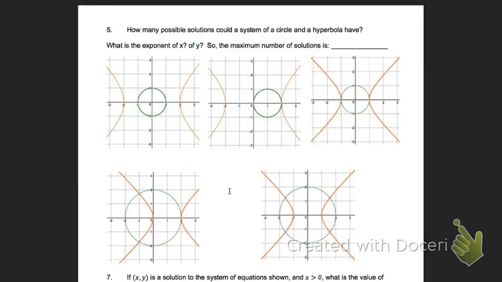Here's some more examples where we have a circle and a hyperbola. And here's the different kinds of solutions that you could have just depending on where they're located. So the first one has how many? No solution.